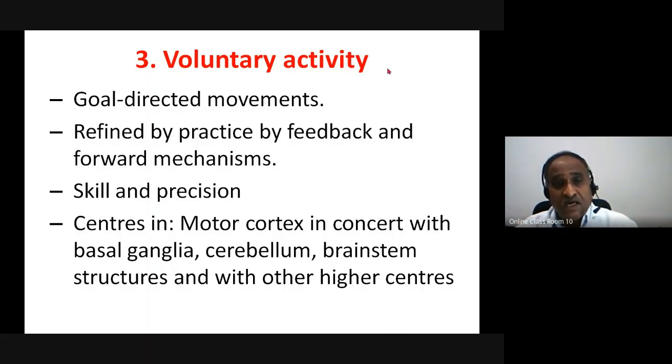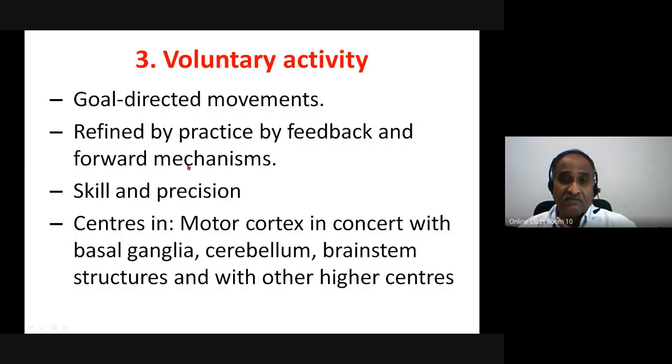So as you practice day by day, they are refined, and this refinement is done by the feedback and feed-forward mechanisms associated with the spinal cord, the vestibular system, and the cerebellum.